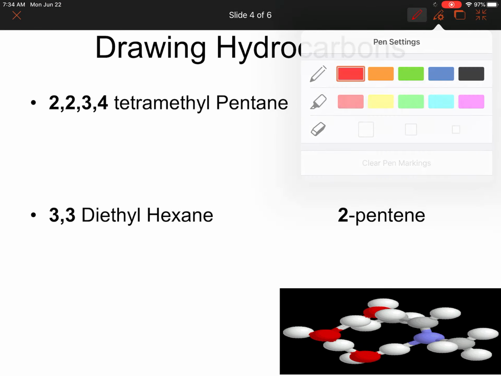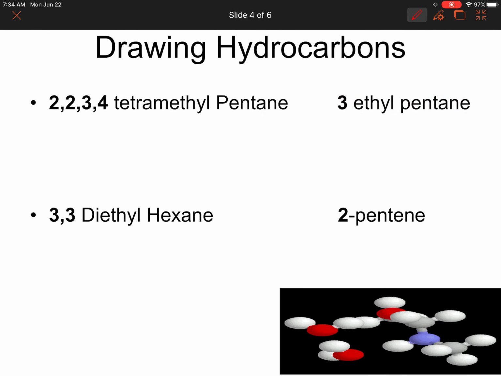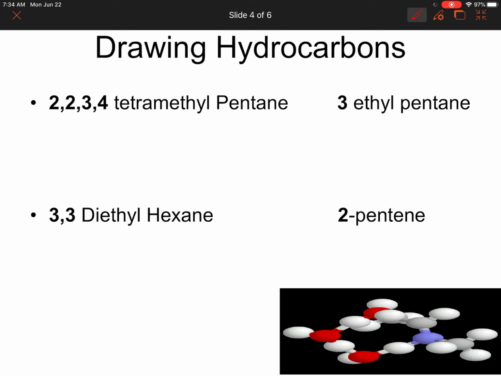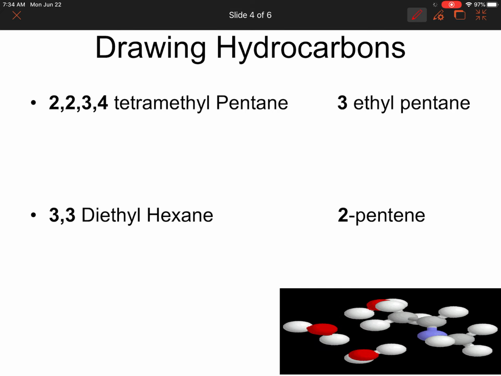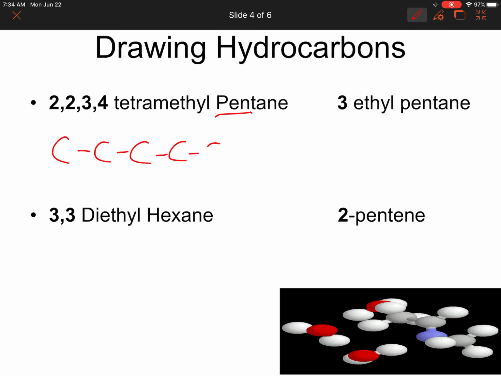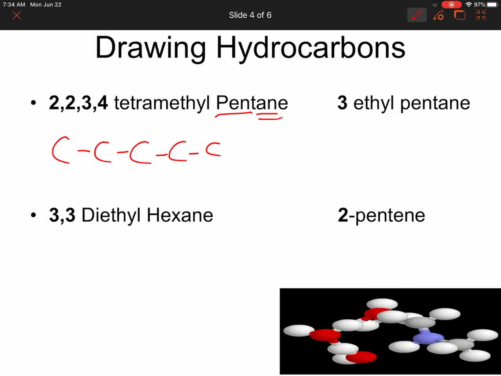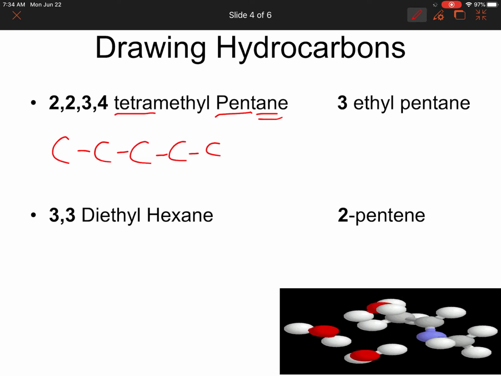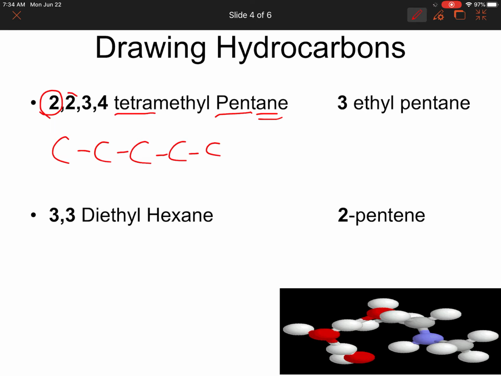Try these on your own. Hit pause and try each one on your own. Okay, we're back. Pent is 5 carbons. 1, 2, 3, 4, 5. Ane means single bonds. Good. Tetra means it's 4 methyls, and these are the 4 carbon numbers.